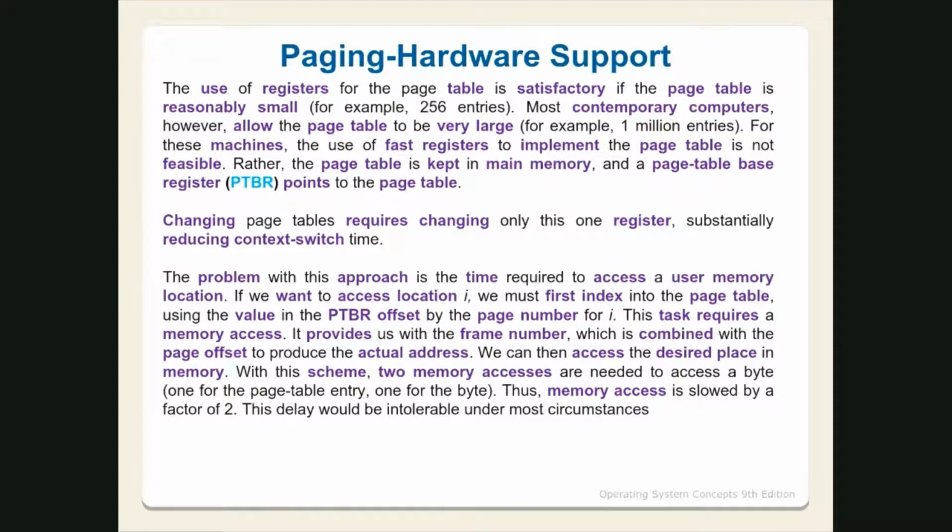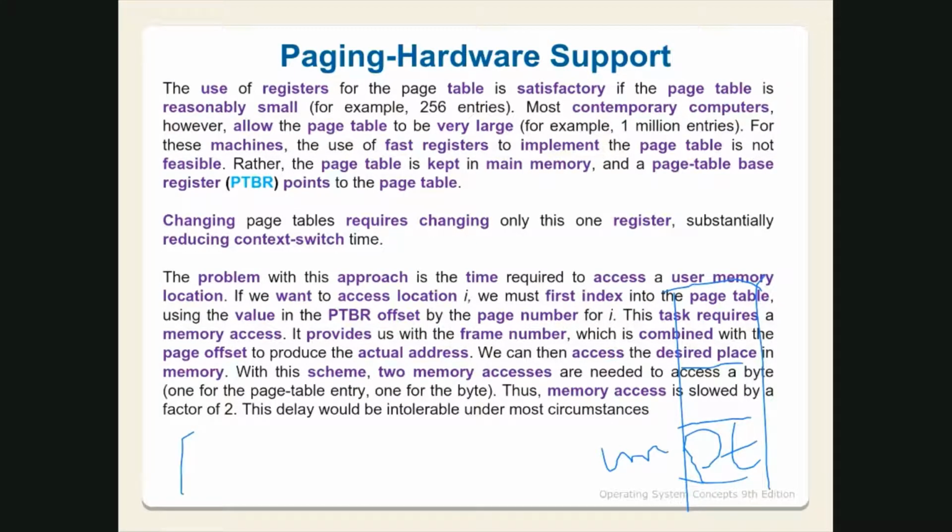So let's assume you have the physical memory, and you keep your page table inside the physical memory. So it has an address, the starting address of this page table. That address is kept in a register.